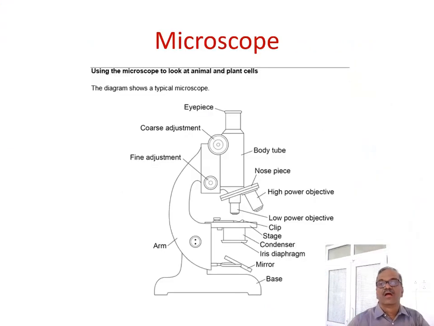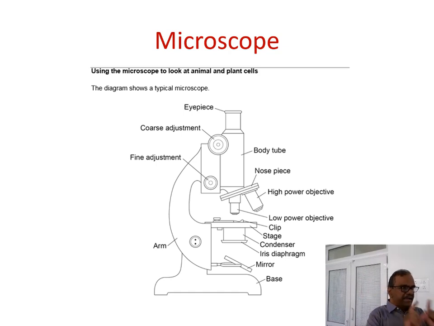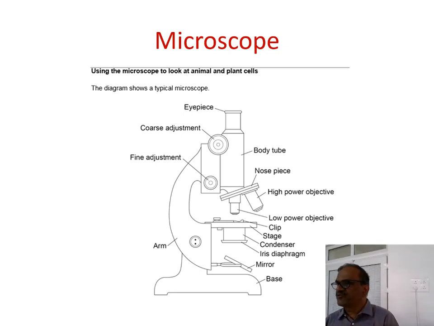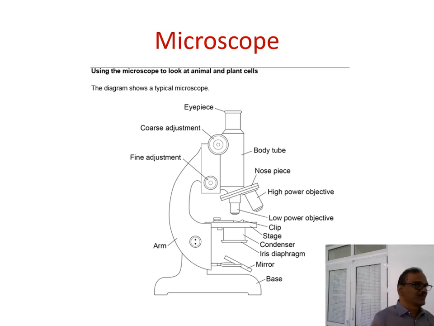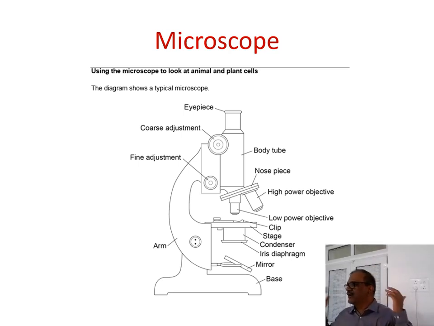So what is the simple microscope? One lens through which you can easily observe. If you go to a palmist reading your palm lines, he will use a 10x magnification lens to see your palm and say that you will do very well in your life, isn't it?